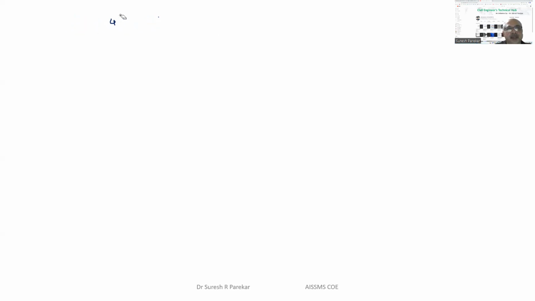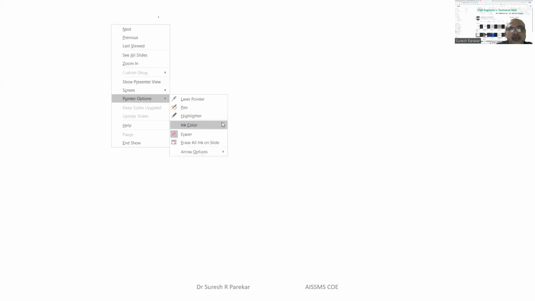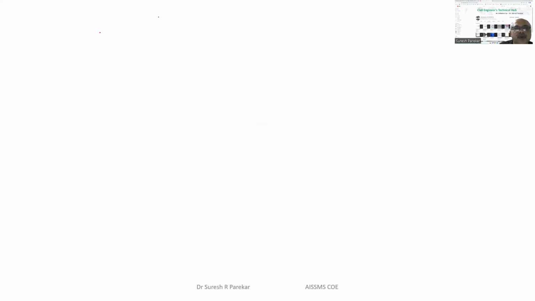Be habitual, your notes should be proper, so that whenever we study, we can see them. Otherwise, if we write in such a fashion, we are not interested in seeing it again. So we have D square plus 4D plus 4 y, equal to x square.